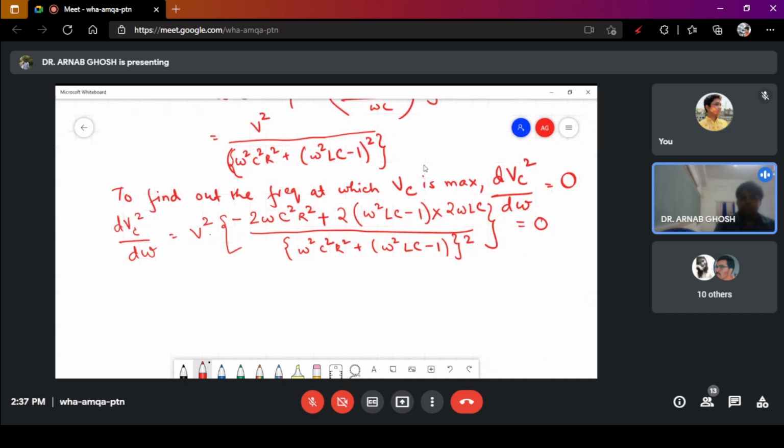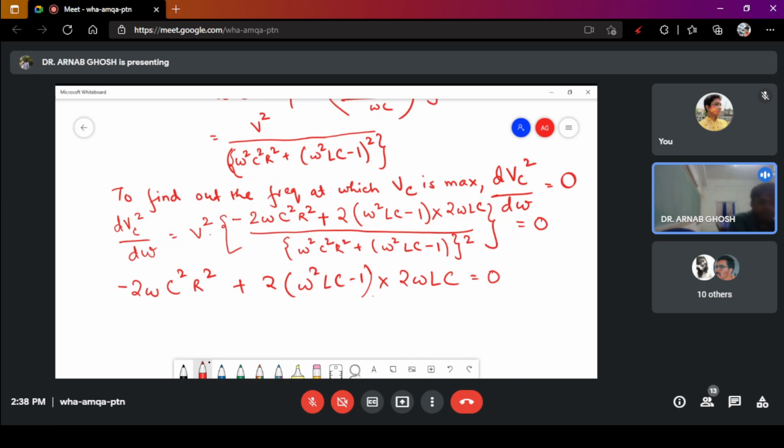So if you equate this to 0, you are left with minus 2 omega c square r square plus 2 omega square LC minus 1 multiplied by 2 omega LC. This is equal to 0. So you can cancel out the 2's.